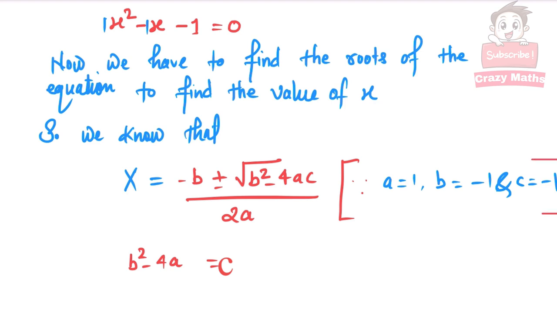Now we put the values of a, b and c in b square minus 4ac. That is minus 1 square minus 4 into 1 into minus 1, which is 1 plus 4 equal to 5.